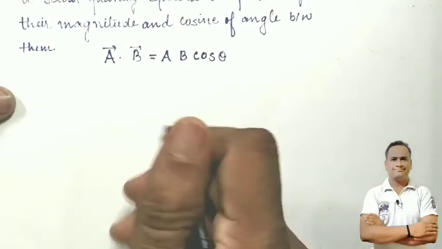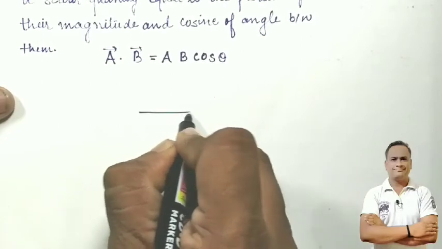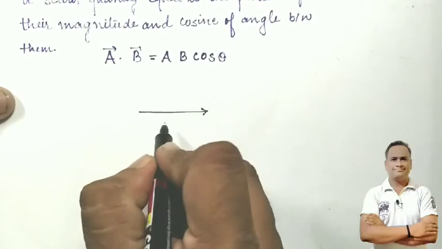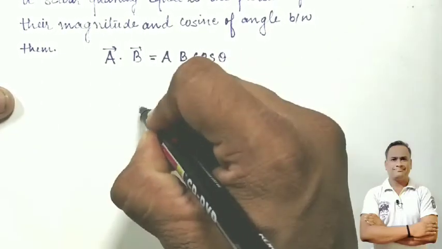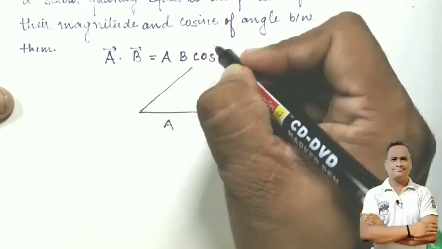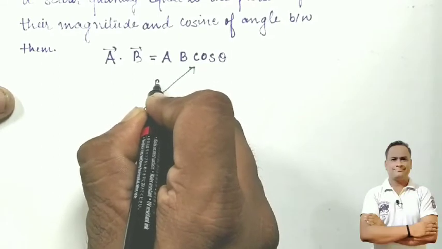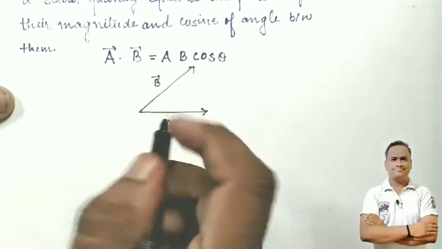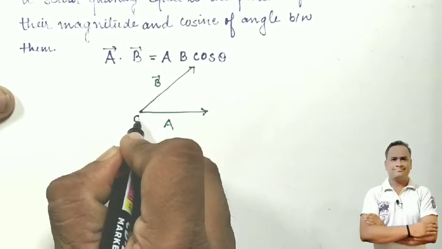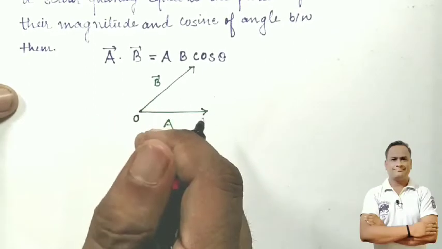Let us suppose that this is a vector A and this is a vector B. Okay students, what you can realize from here is that these two vectors A and B start from a common point, meaning these are co-initial vectors.